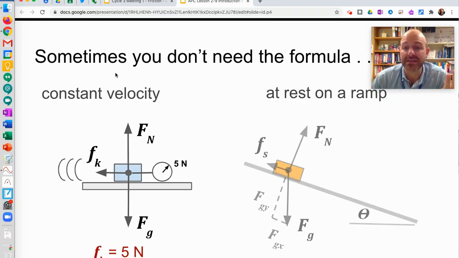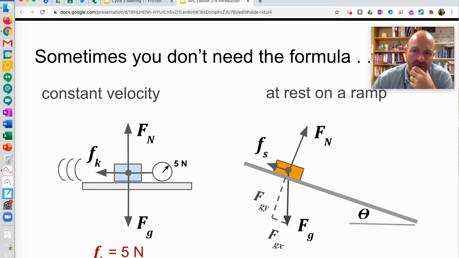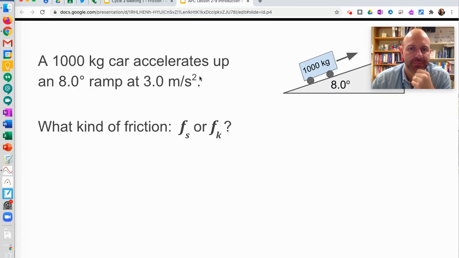If it's at rest on a ramp, well, you can do the calculation for all the forces, and the static friction must be equal to the x component of the force of gravity. And if you keep lifting this board and you let that FGX get bigger and bigger, you can actually figure out what the static frictional force is when it finally breaks away, or the maximum value.